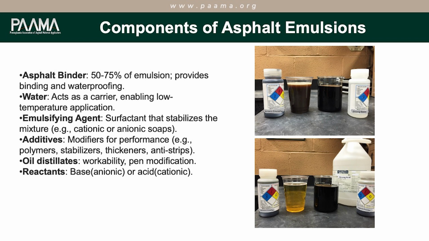There's a lot of additives and modifiers for performance: polymers, stabilizers, thickeners, anti-strips. There's oil distillates for workability in your cold mix pavements, and for pen modification for ideal field performance. There's reactants, being a strong base for anionic emulsions or a strong acid for cationic emulsions.